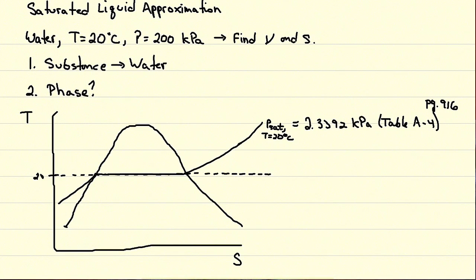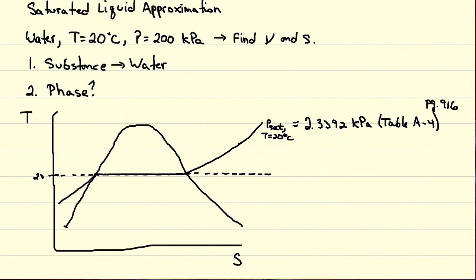But that's not where I'm at. My pressure is 200 kPa. So let's draw the line of constant pressure that corresponds to 200 kPa. Now remember, the other important thing to note is that lines of constant pressure in this TS plane go up with increasing pressure, right?